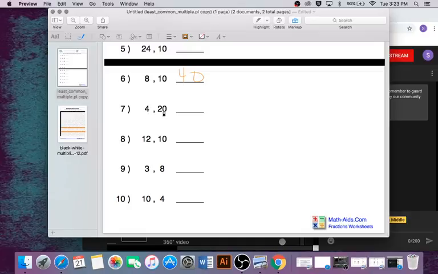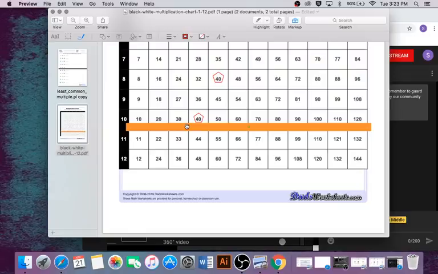Next we have 4 and 20. Looks like my computer is frozen.